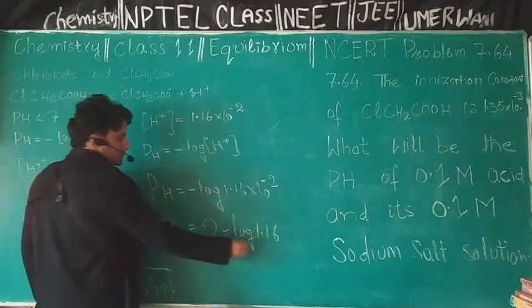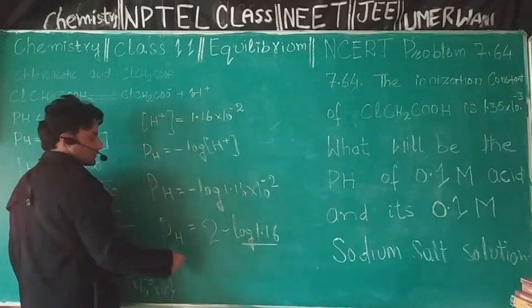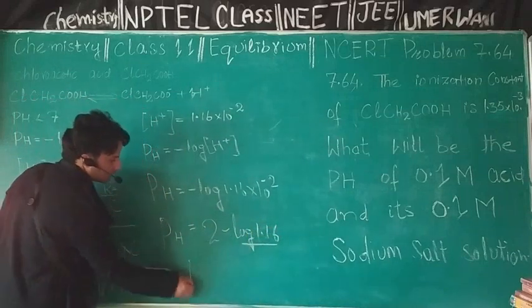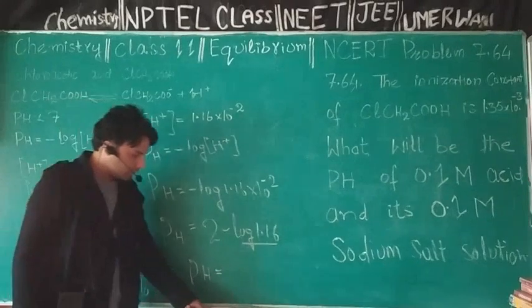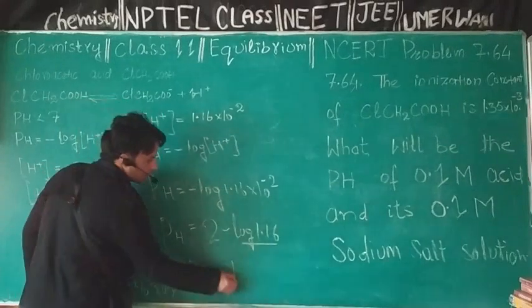Since we have to subtract log 1.16 from 2, so pH will be less than 2, and I have evaluated its value. It comes equal to 1.94.